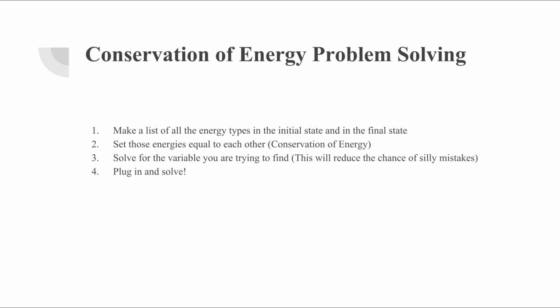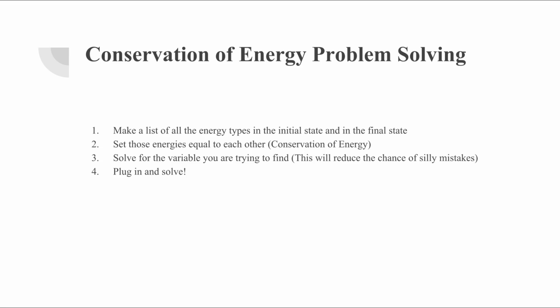So here's how you solve conservation of energy problems. Number one, you should make a list of all the energy types in the initial state and in the final state. Then set those energies equal to each other for conservation of energy. Add work on the left side if you have some external work being done. Then solve for the variable you're trying to find.